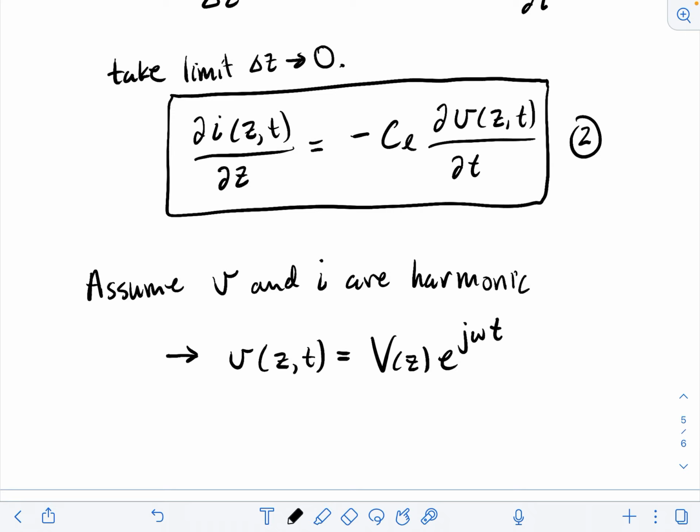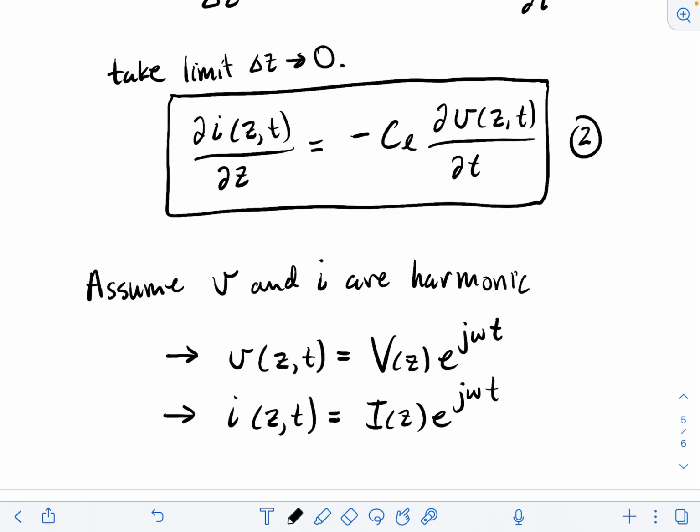So this is like a sinusoidally oscillating signal, and the frequency of oscillations is omega, and all the position dependence is in the amplitude. And so likewise, the current is going to have the same kind of form, position dependent amplitude, and then the time dependence is in the e to the j omega t.